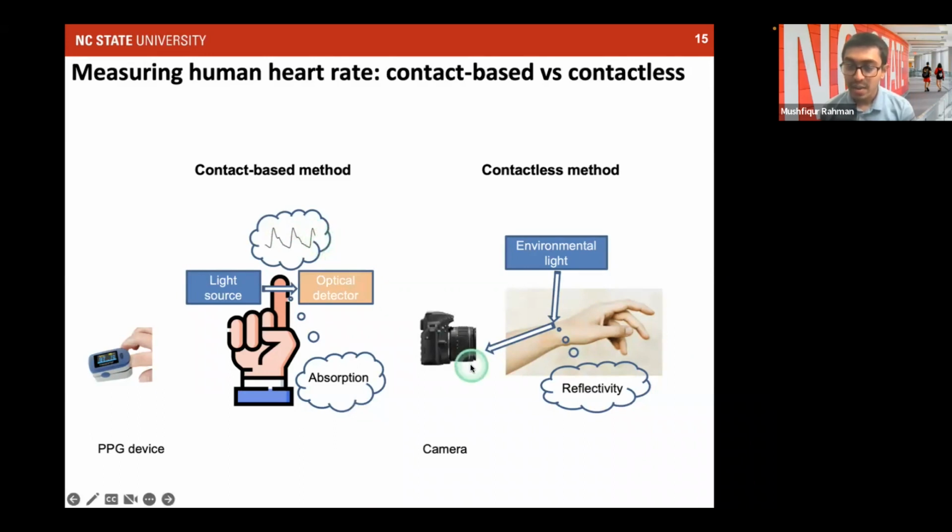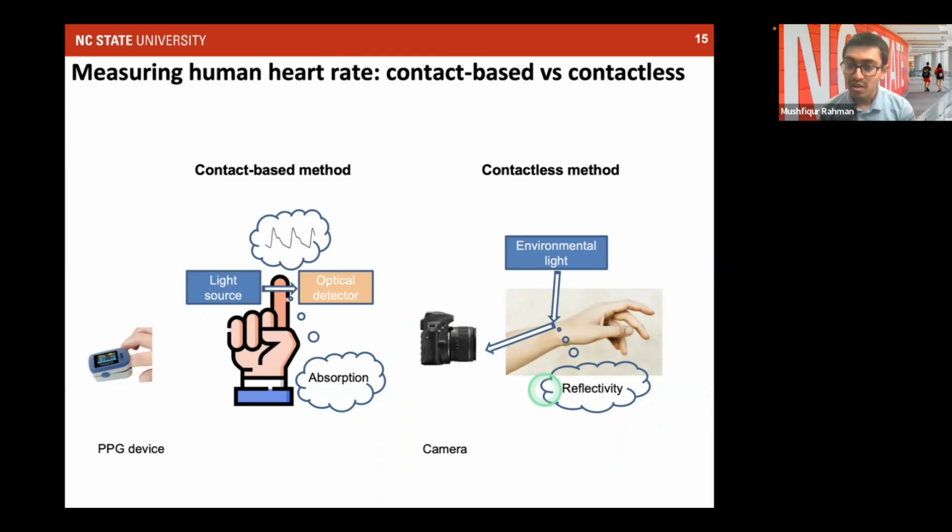But the camera-based method is contactless, depends on environmental light, and records the brightness of the human skin. Here we can use the fact that reflectivity also changes with the percentage of oxygen in the blood, as the heart pumps oxygen into the blood.